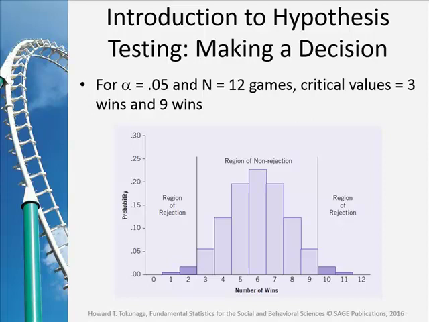So it is really unlikely to win 10 of your 12 games, 11 of your 12 games, or 12 of your 12 games. It's also very unlikely that you would lose all of the games, all but 1 of the games, and all but 2 of the games.